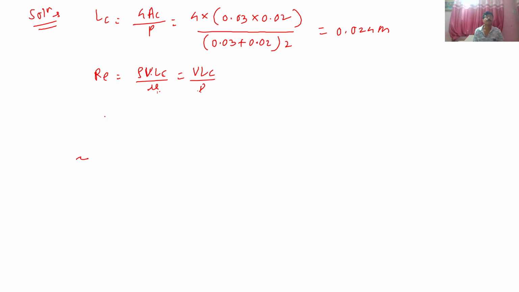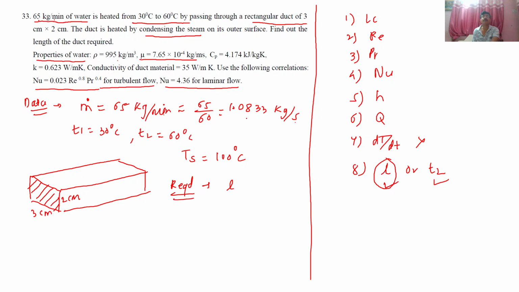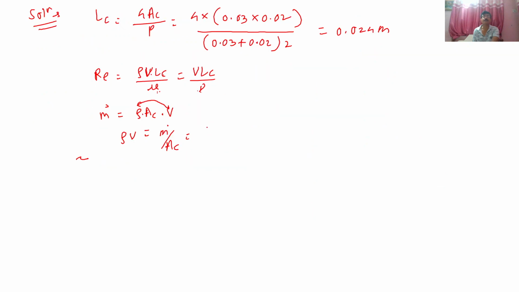We have seen such a problem earlier. M dot is equal to rho into area of cross section into velocity. So rho into V I will combine together, and it becomes m dot upon AC. So what is m dot? M dot is given as 1.0833.